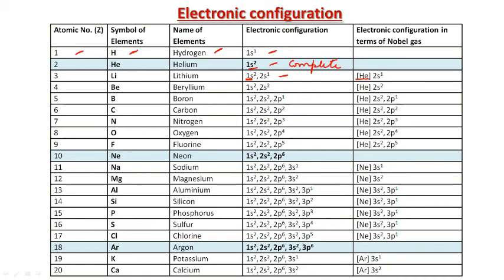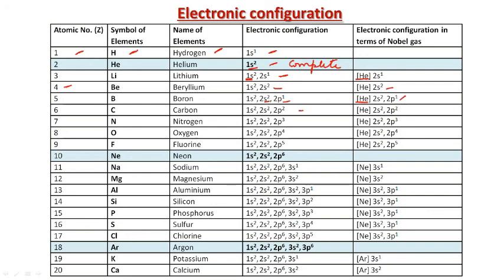Next is beryllium. Beryllium has 4 electrons. These electrons are filled as 1s2, 2s2. So helium then 2s2. After this complete 2s subshell, the 2p subshell will start filling. So this has configuration 1s2, 2s2, 2p1, and this can be written as helium 2s2, 2p1.